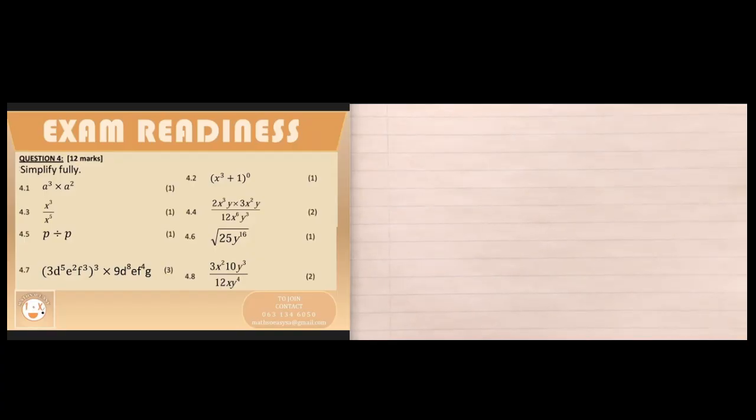Alright, remember, how did it go? Did you get the 12 marks? Did you do it, or are you just going to be a viewer? I hope not. So I'm going to go straight into the answers in most of them, because as you can see, most of them are 1 mark.